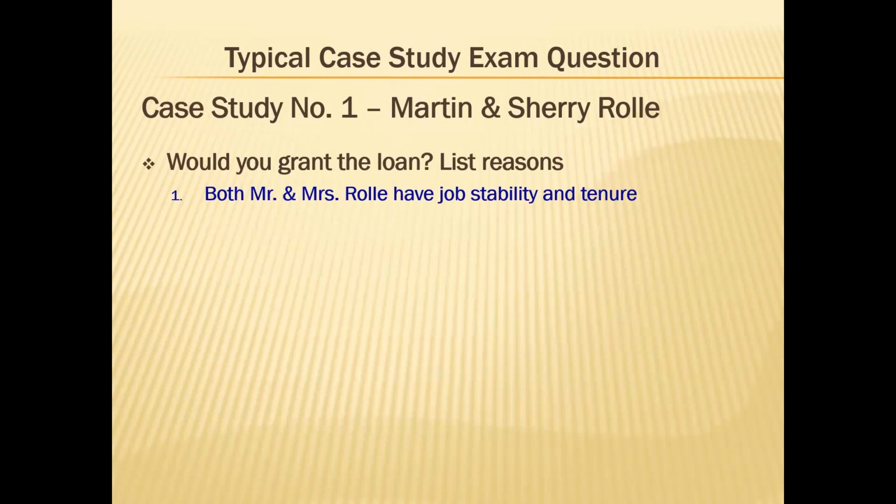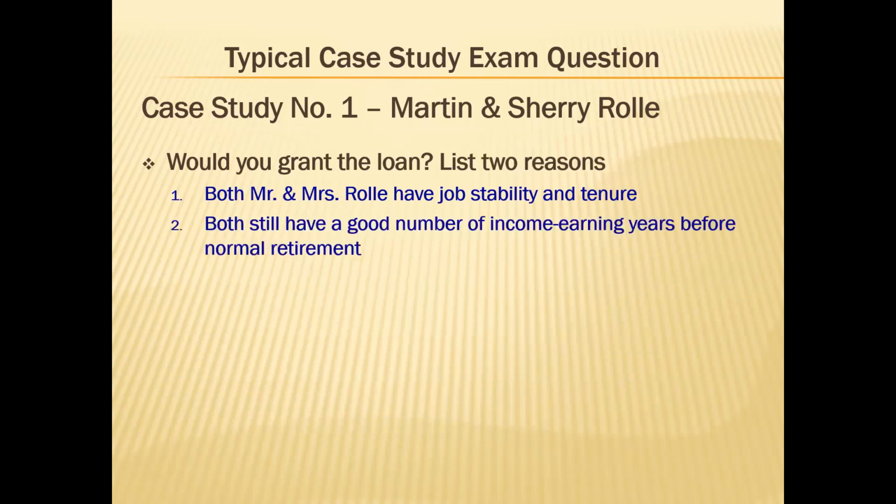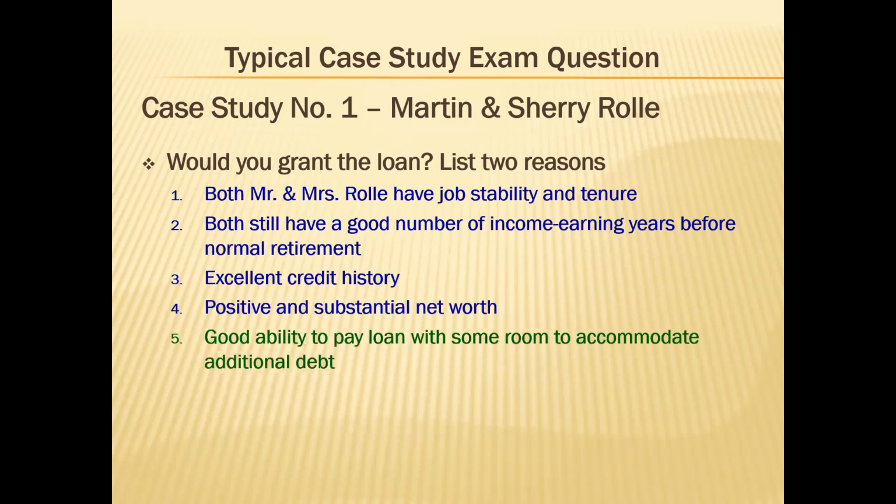So here's what I'm going back from the list that you were given, and also what we have stated in class. They may not be in the order in which you gave them. They both have job stability and tenure. They still have a good number of income earning years before normal retirement. They have excellent credit history. They have a positive and substantial net worth. They have good ability to pay the loan with a little bit of room for additional debt.